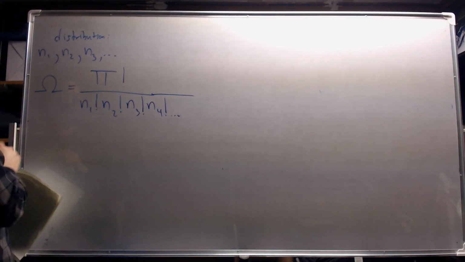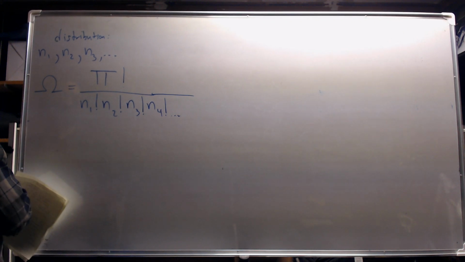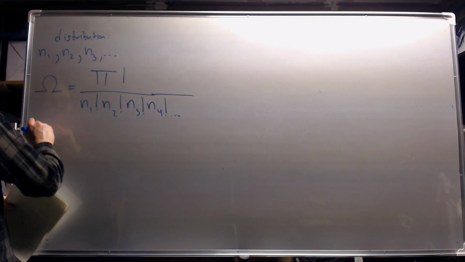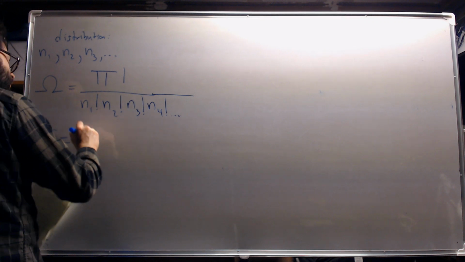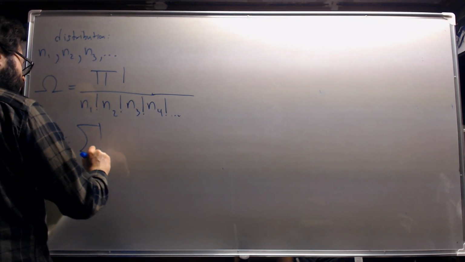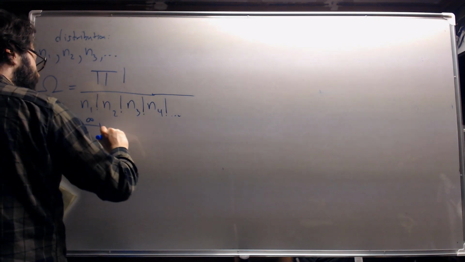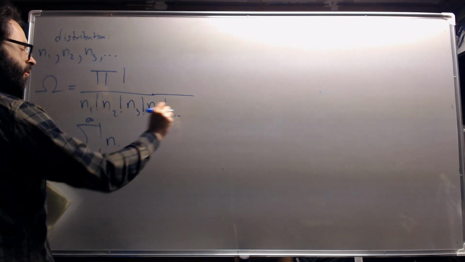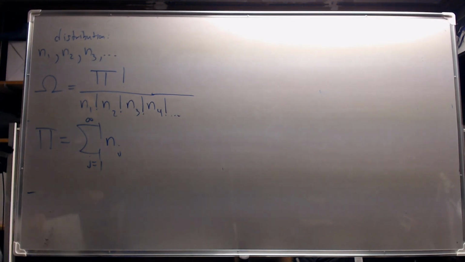Remember that pi is also equal to the sum on all j from 1 to infinity of n sub j. When you add up all of the n's in the denominator, you should get pi.